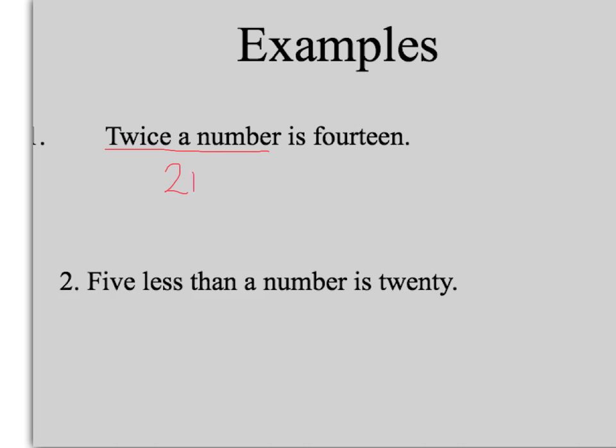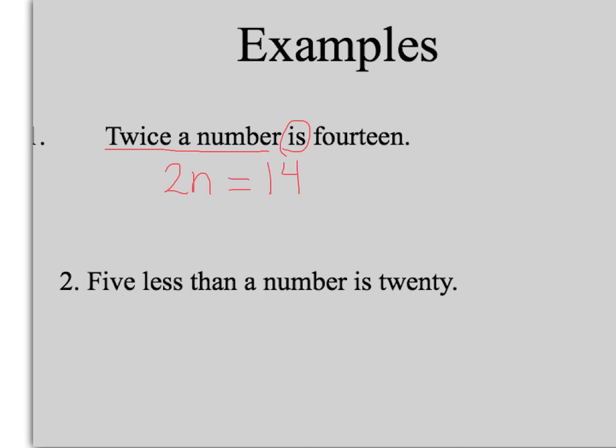I'm just going to use n to represent number. Twice a number means 2 times a number. Is. Anytime you see is, that means equals. And then we have 14. So therefore the equation for this is 2n equals 14.